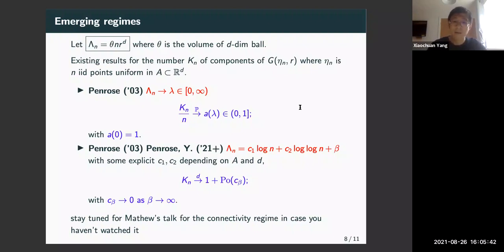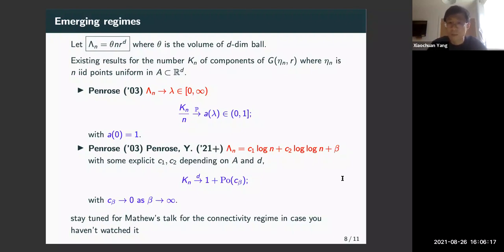Now, when lambda_n goes to infinity at the log n rate, the result is very precise. There exist two constants, C1 and C2, such that if lambda_n grows to infinity at this rate, where beta is a fixed constant, then one can show that K_n minus 1 goes to a Poisson random variable with finite parameter, and this parameter depends on beta.